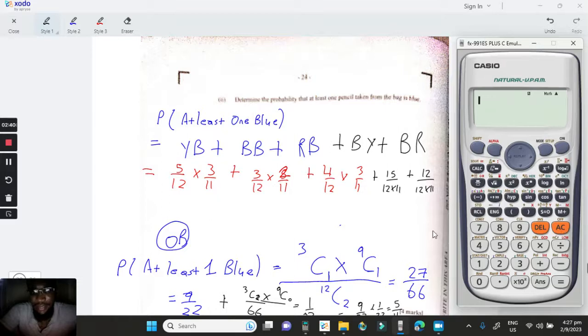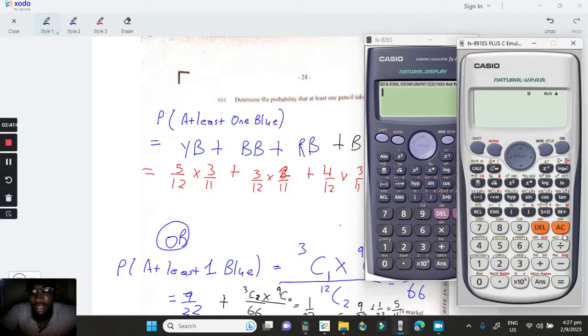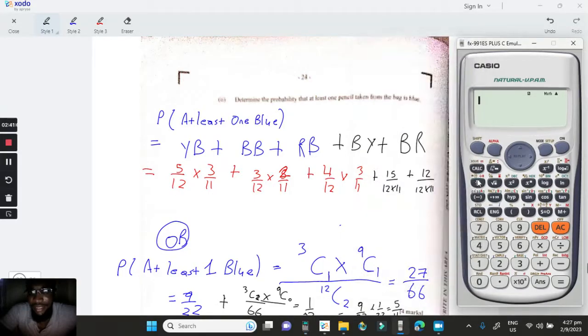Now, that's it. So now, this answer worked out the first 3. I remember we had worked out the first 3 somewhere. I'm going to have to put in all of that again. So 15 over 12 times 11. Since it's the same denominator, you just need to add the numerators: 36 over 12 times 11.